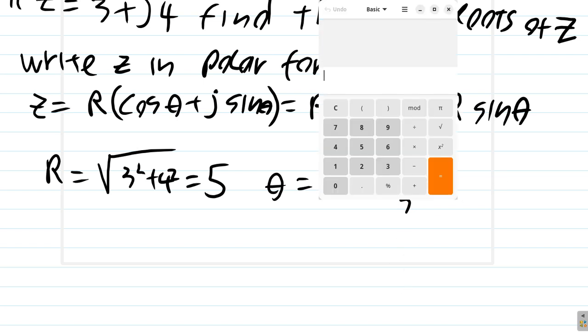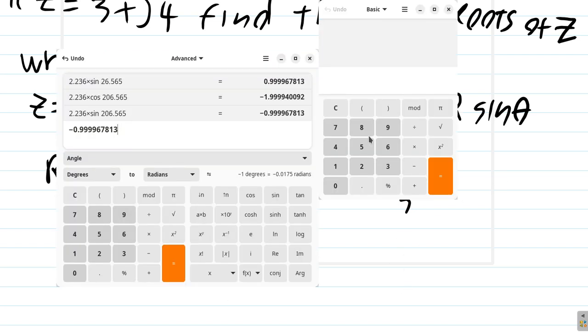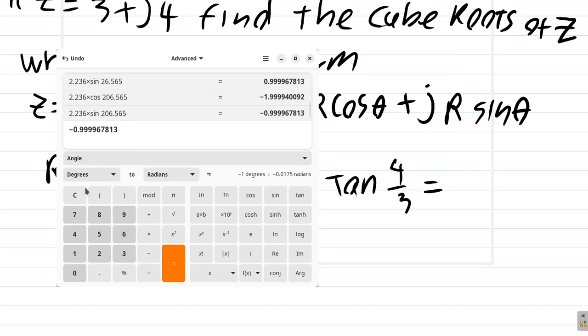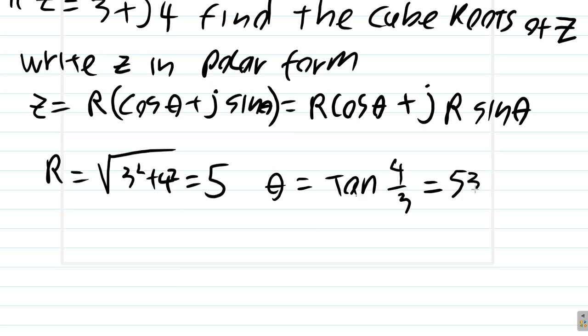Tan inverse of 4 over 3 equals 53.13 degrees.